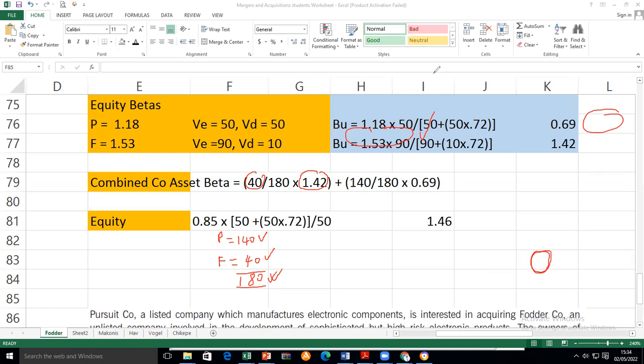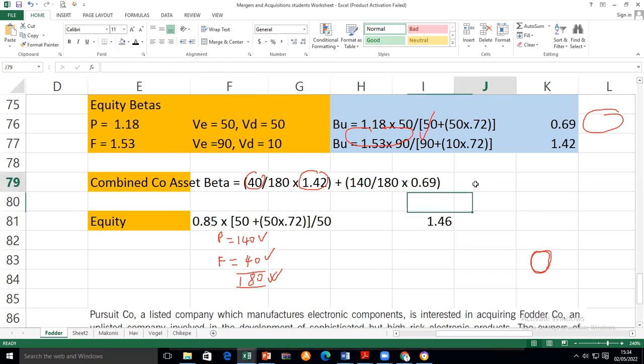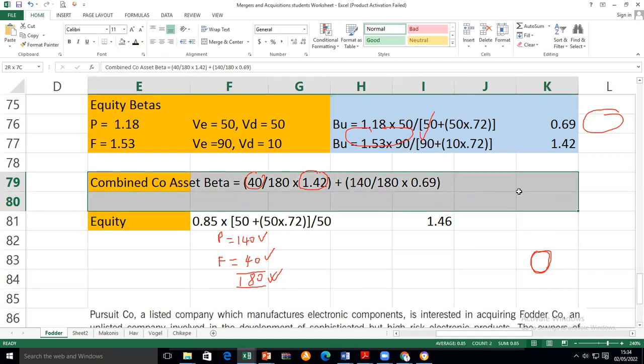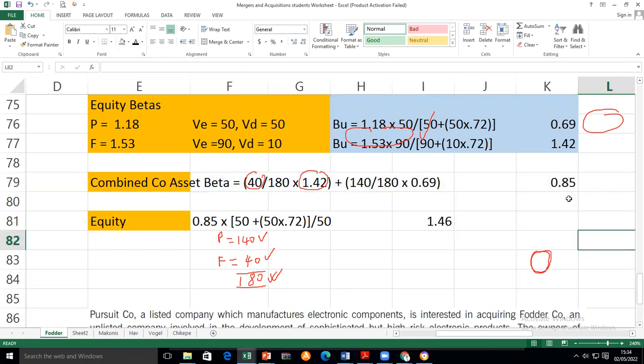Are we happy with the weighted average? How the weighted average has been calculated? So the answer is 0.85. This is the asset beta for a combined company.